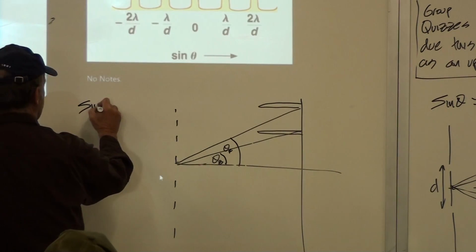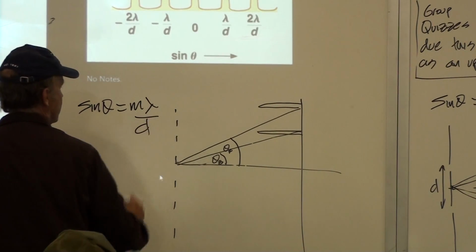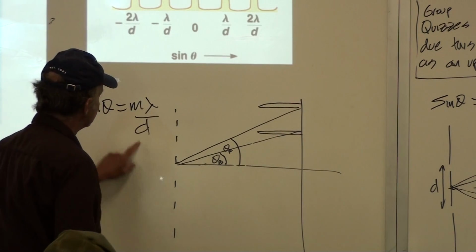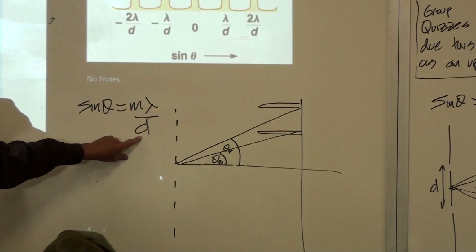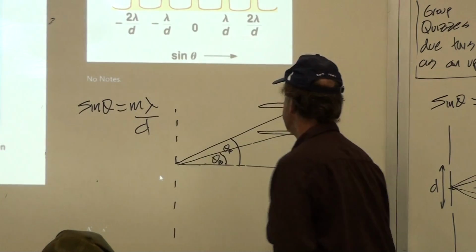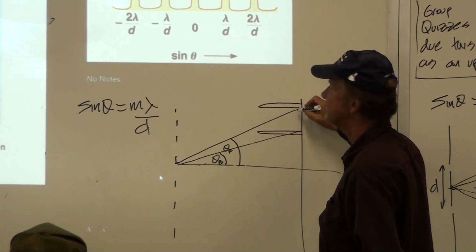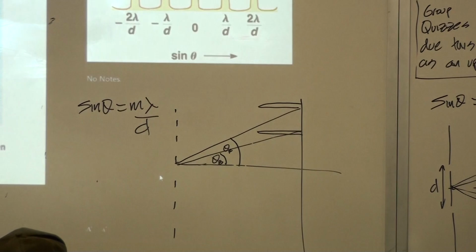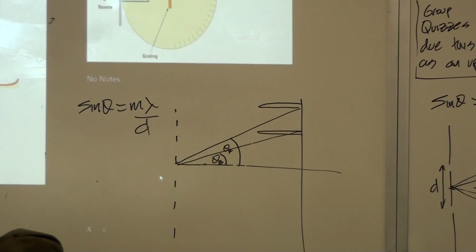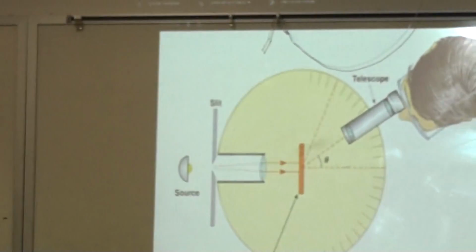And we still have the same relationship, sine theta equals m lambda over d, but in this case we had to figure out the slit density in terms of d. So d then was 1 over the slit density. And what we were able to show is that we had about a 17-degree sweep in the angle going from red light to blue light. And so that's basically where we left off last time.